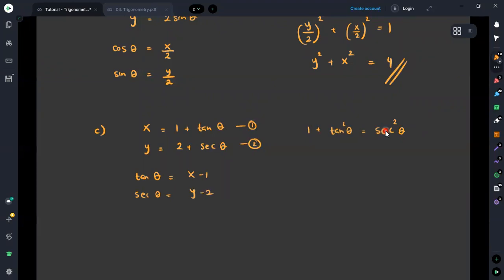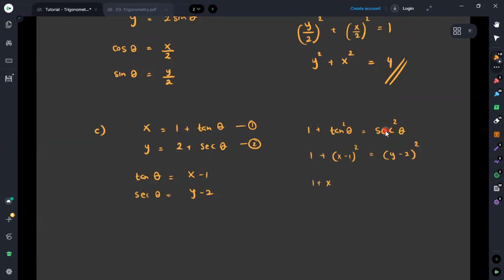Now if we substitute, we get 1 plus (x minus 1) squared equals (y minus 2) squared. Now we have removed tan theta, or the theta, from the equation. We can solve this equation further if we need.